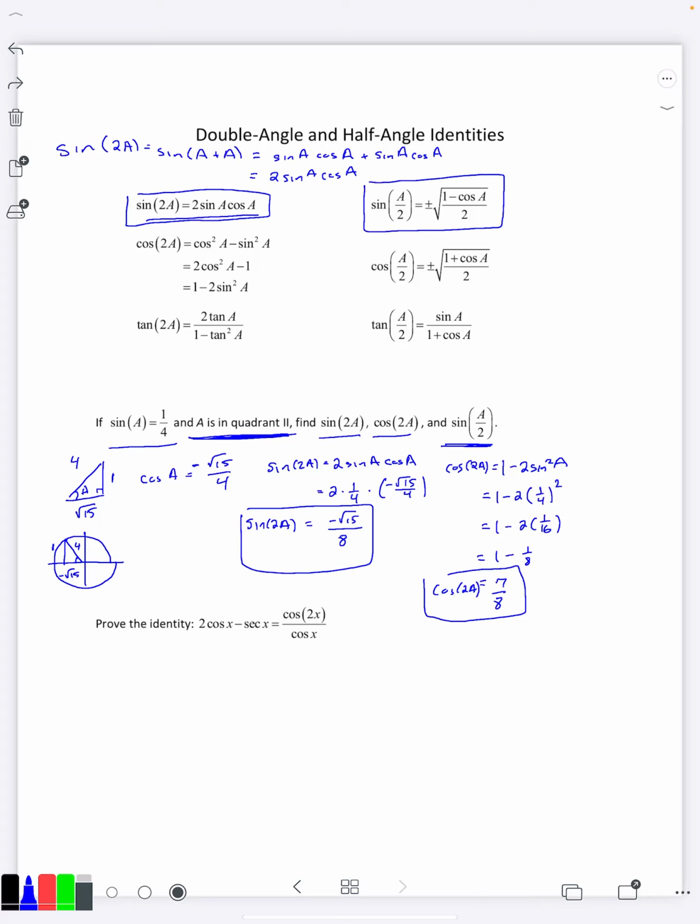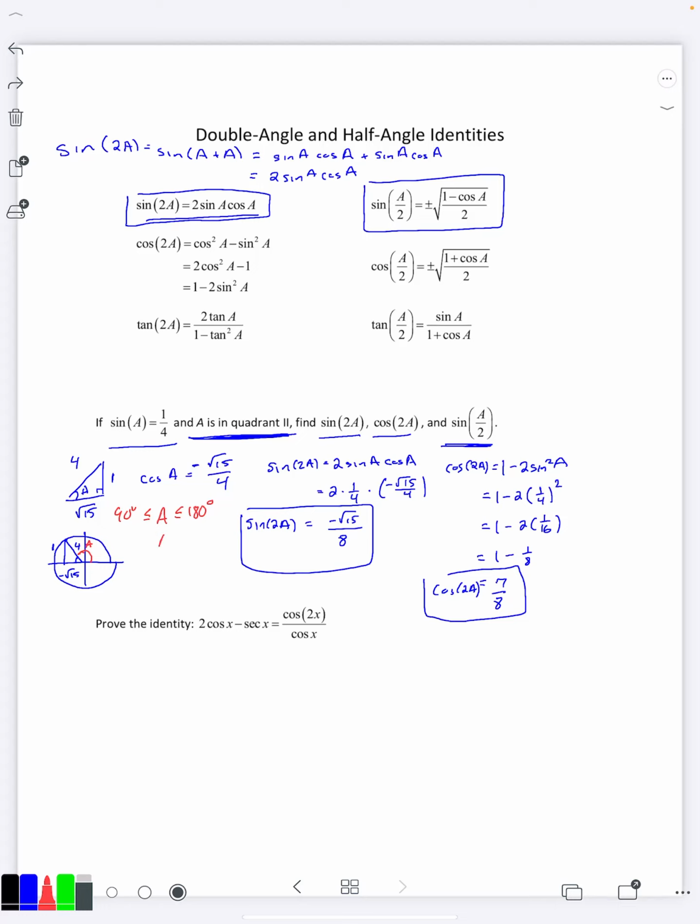And now we get to the extra complication when you have sine or cosine of a half angle. And that's that weird plus or minus in the formula. The way you have to handle that is the answer is either going to be plus or minus, but it's going to depend on what quadrant you end up in when you take half of the angle. So you have to ask yourself, if I'm in quadrant 2, this is where my angle A is, that means A is somewhere between 90 degrees and 180 degrees.